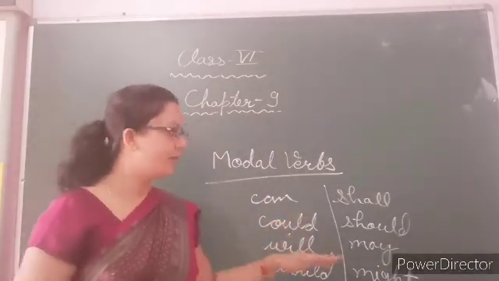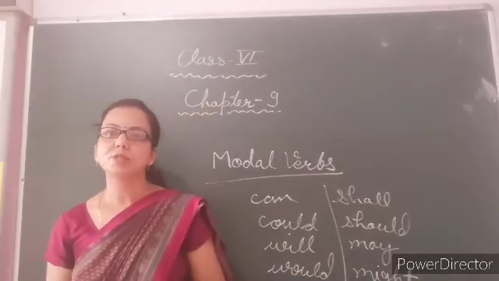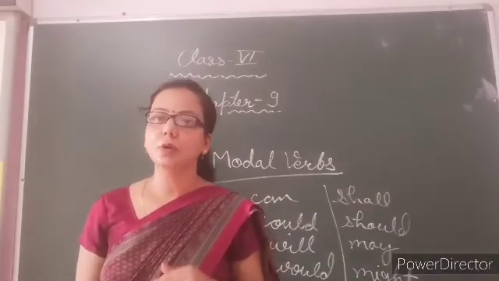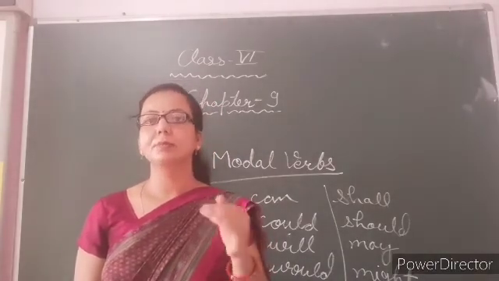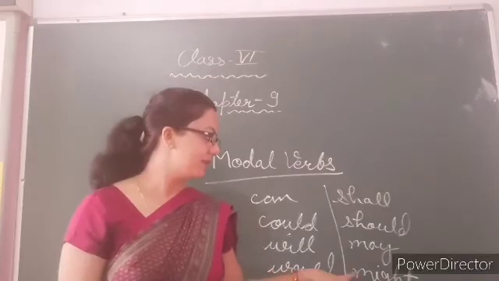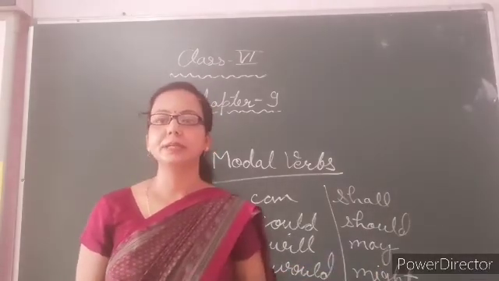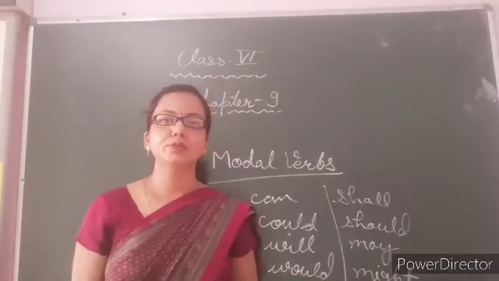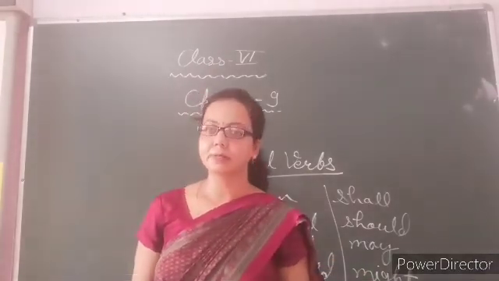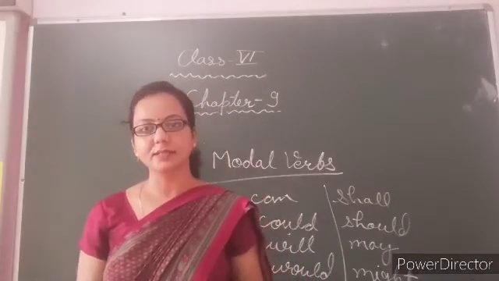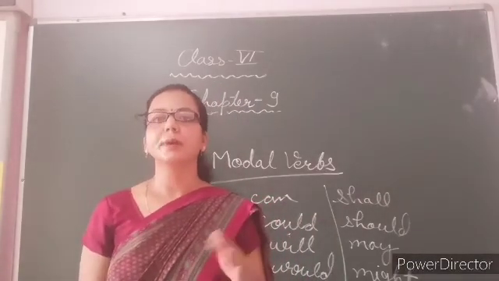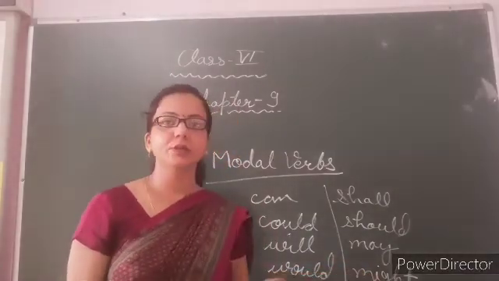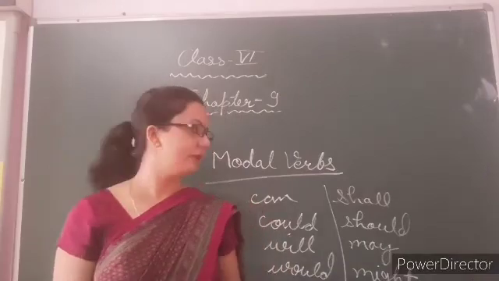For example, possibilities. It might rain tomorrow. In this situation, might is showing possibility, but keep in your mind that might is used for weak possibilities. Means 30% you can say that tomorrow might be rain.